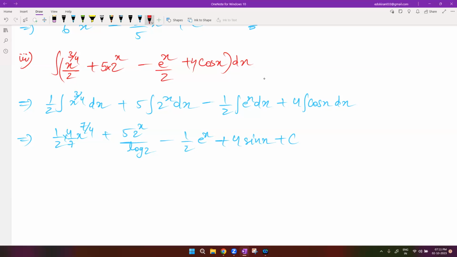Okay. Try to apply some of the formulae yourself.